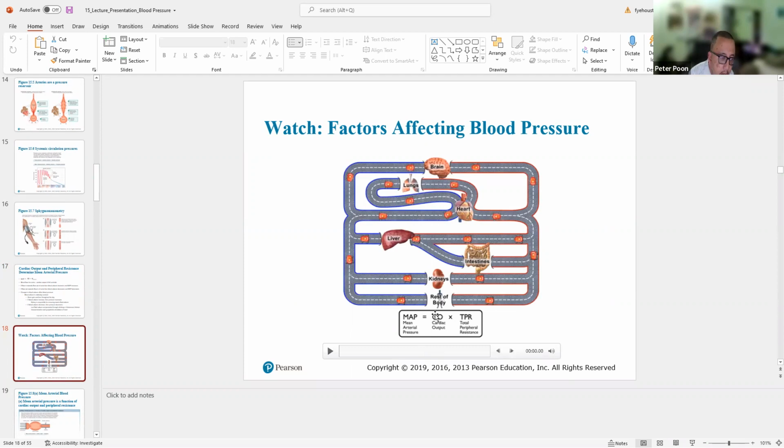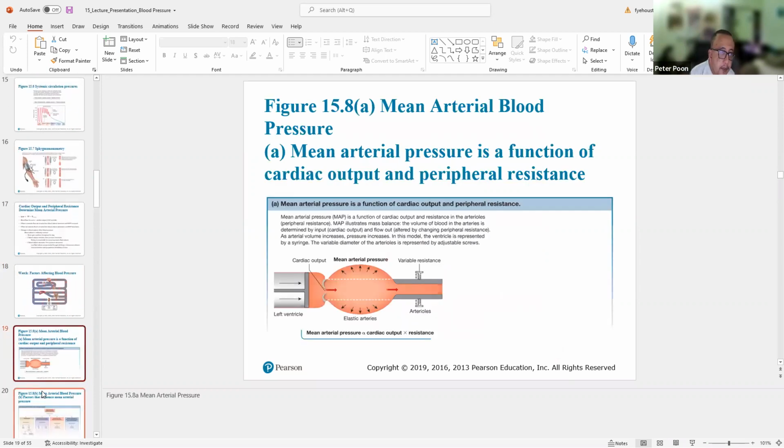So the mean arterial pressure is equal to the cardiac output times the total peripheral resistance. This is a picture that makes sense. The total cardiac output is the amount that's shot out here.